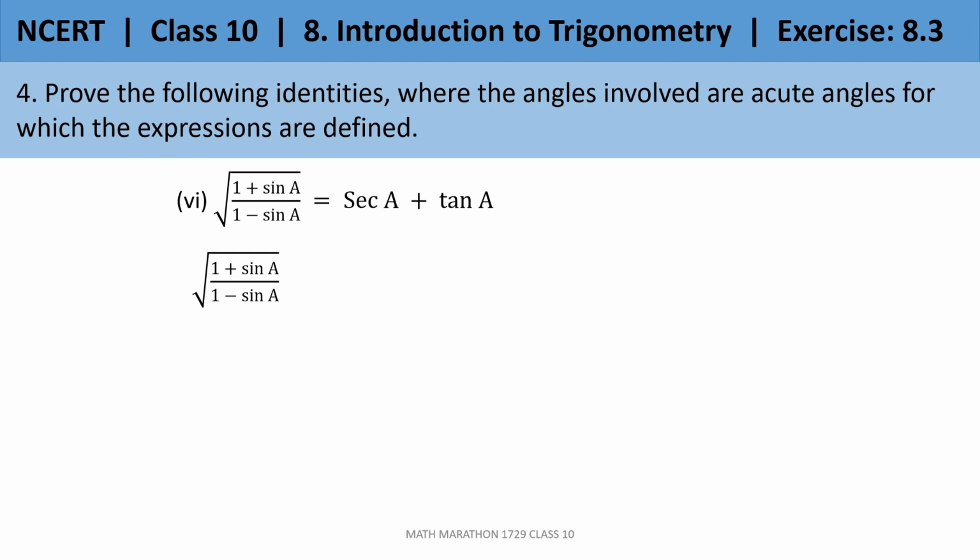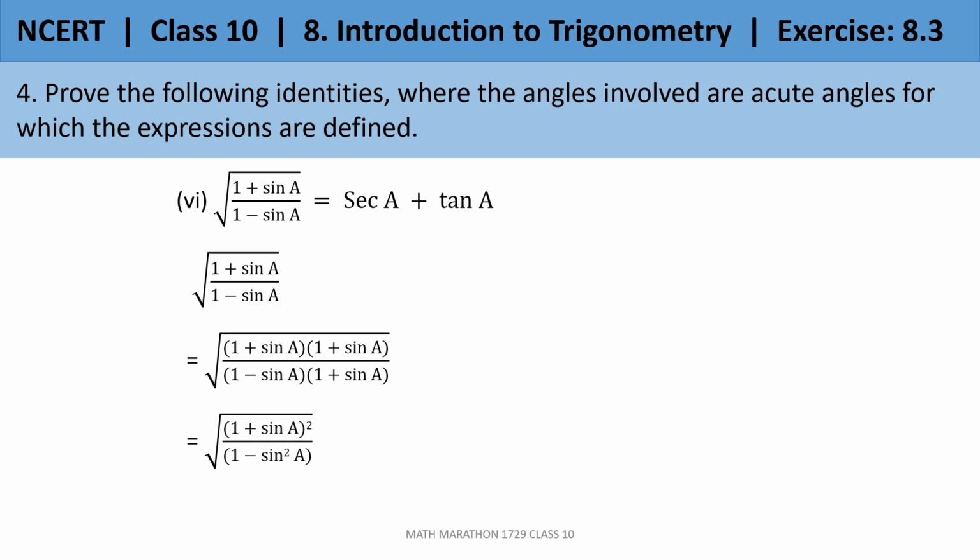Square root of 1 plus sine A by 1 minus sine A. Let us multiply by 1 plus sine A by 1 plus sine A is equal to square root of 1 plus sine A by 1 minus sine A multiplied by 1 plus sine A by 1 plus sine A. In denominator, we have A minus B multiplied by A plus B, which is equal to A square minus B square is equal to square root of 1 plus sine A whole square by 1 minus sine square A.